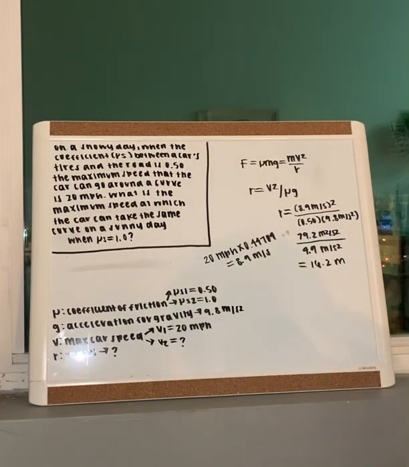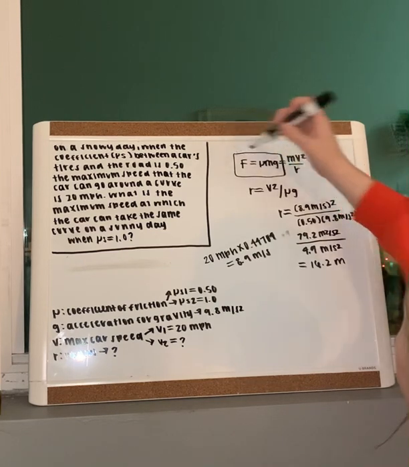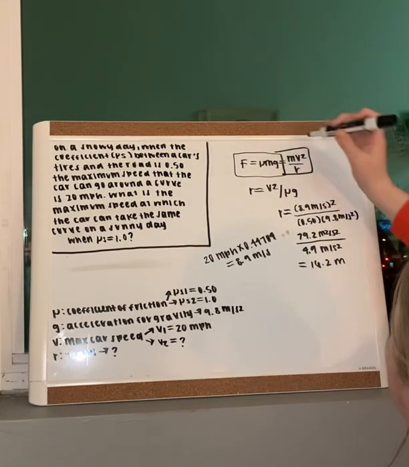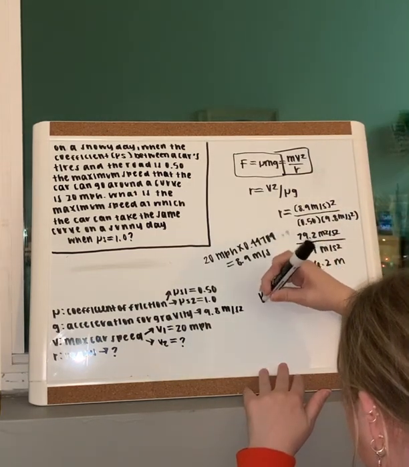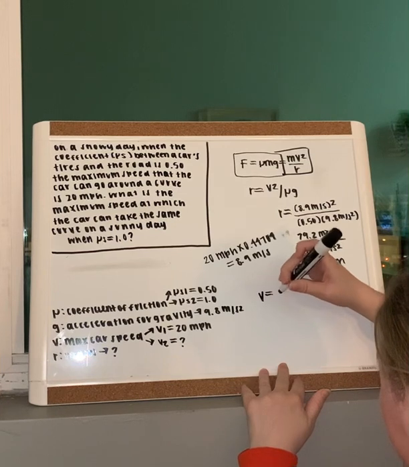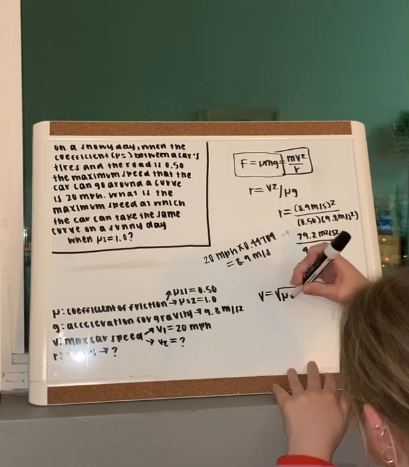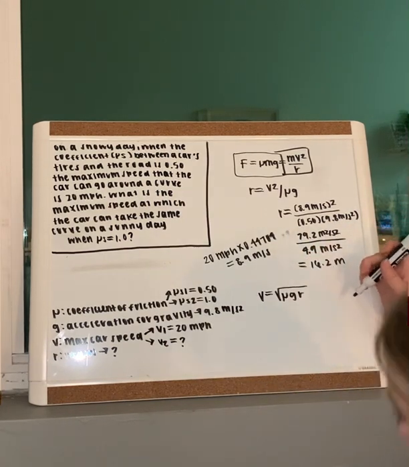So rearranging that same equation, we're going to be using these equations. But we're going to end up with the maximum car speed equal to the square root of that coefficient of friction times gravity times that radius we just received.